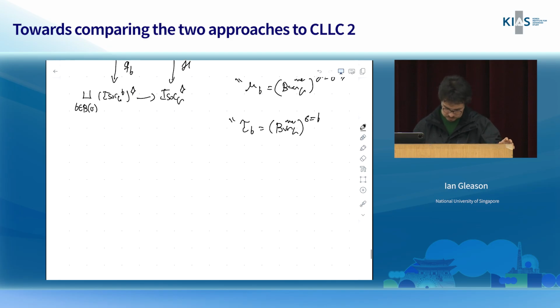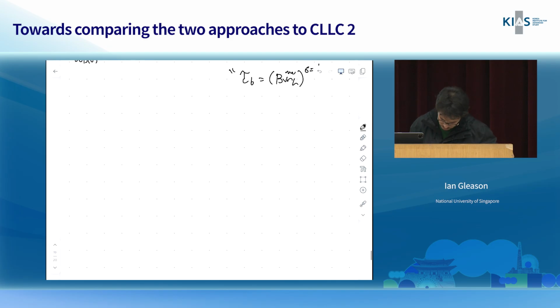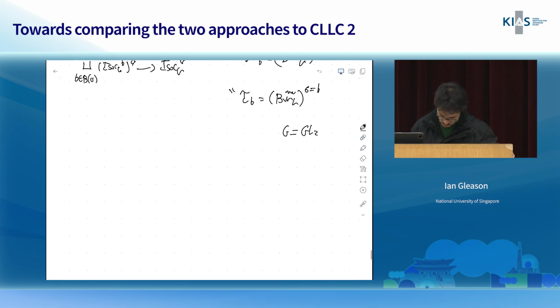And maybe the picture I like to draw is when G is GL2. Maybe we look at, let's say, SL2.